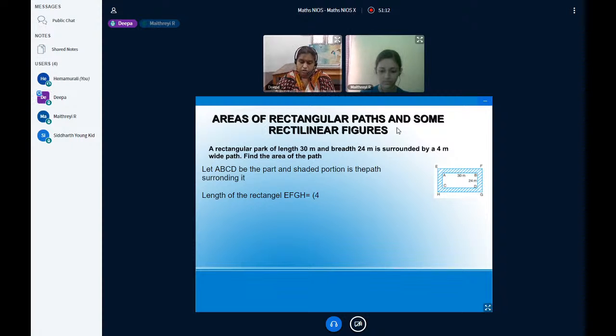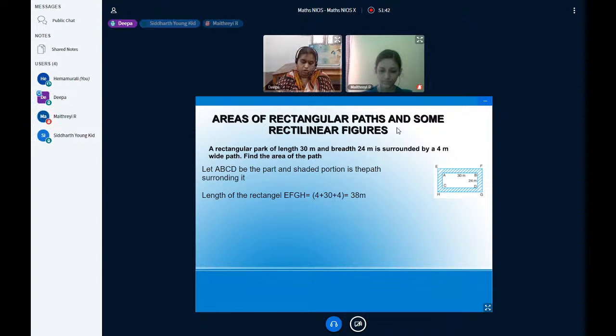So 4 plus 30 plus 4 is the length of the rectangle EFGH. Length of the rectangle ABCD is 30, but length of the rectangle EFGH is 30 plus 4 plus 4, so 38 meters. Is it clear why we are adding 4 on both sides? Yes, ma'am.